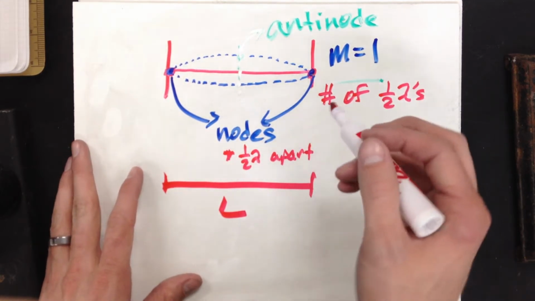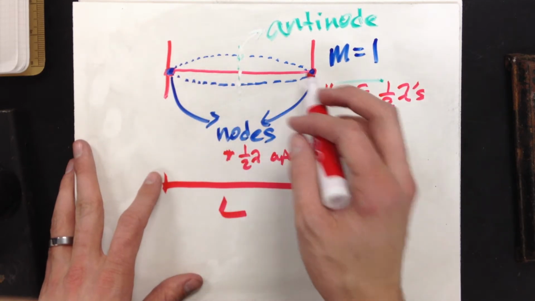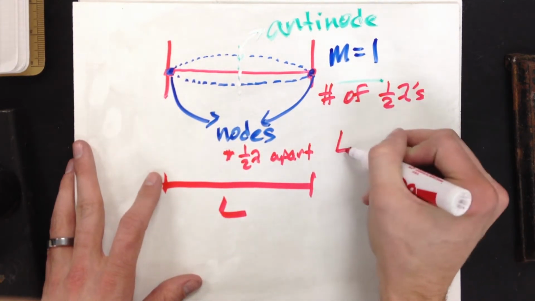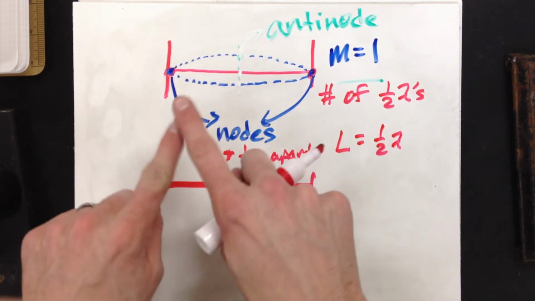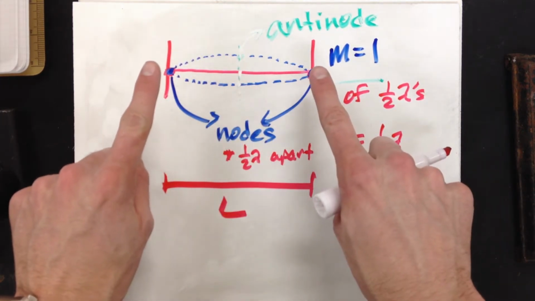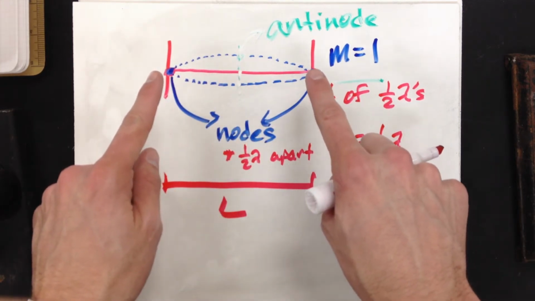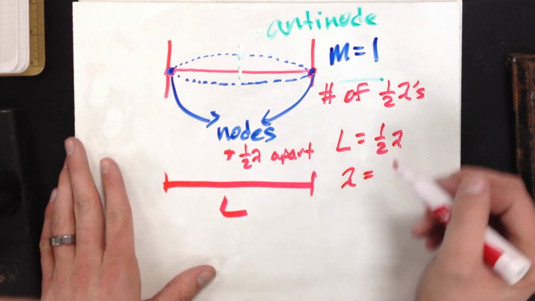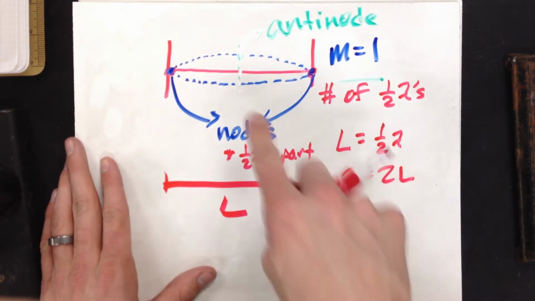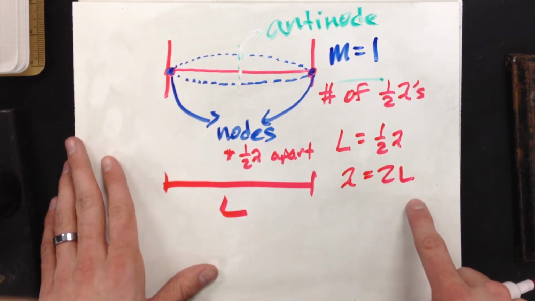Now, if m is 1, then that means that my total length L is equal to 1/2 of the wavelength. Because again, this whole length is L, but from node to node is 1/2 lambda, or 1/2 the wavelength. Which means that my wavelength, if I multiply both sides by 2, for the fundamental frequency, my wavelength is 2 times the total length of my string.